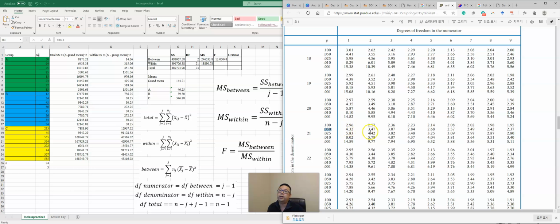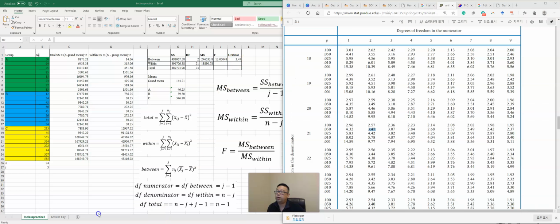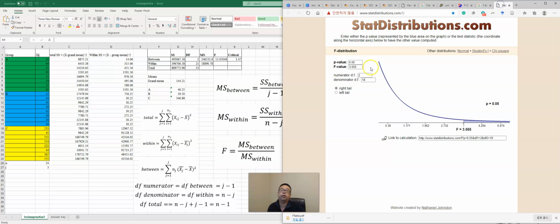And we are going this way. Okay, right. So 3.47 is our critical, right? 3.47 will be our critical.